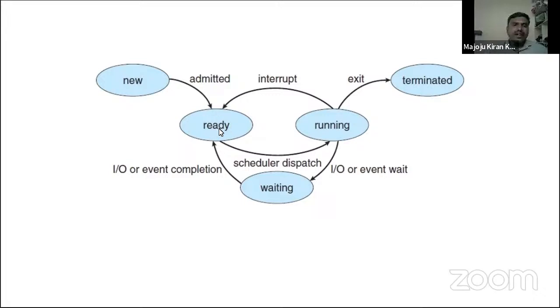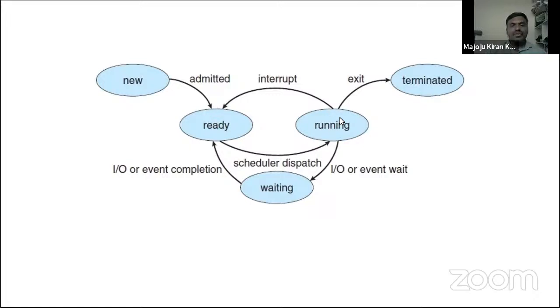Once the CPU is allotted for a particular process, it starts its execution. That is called the running state. While it is running, it may enter into the waiting state if there is any interruption. The interruption may be done by the IO, or it may be a preemption. Then again it may move to the ready state.